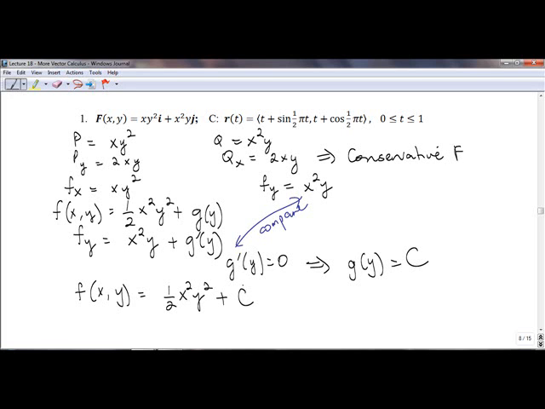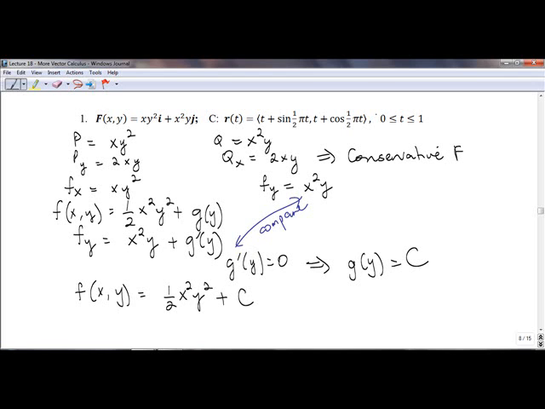Good. Now look at the path. So we've done the first part. We now need to evaluate the line integral over the path. Now that's the path C, this r of t here. And you are told that t goes from 0 to 1. Why did they give you these values for t? To find the starting point and the end point.